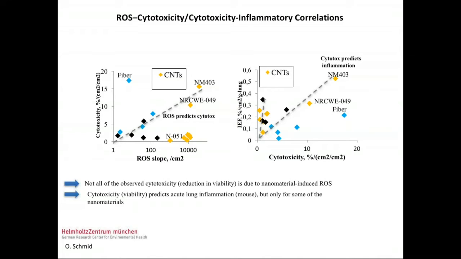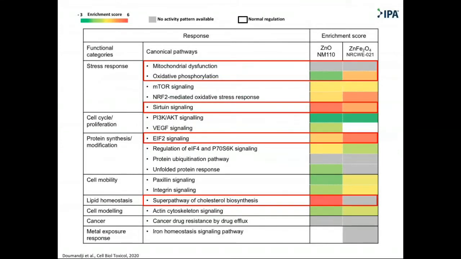And cytotoxicity could also be, for some nanomaterials, related to inflammation in vivo. This indicates that some grouping of nanomaterials can already be done. So we try to group not by cytotoxicity, but to group nanomaterials by the pathways they initiated in the cells as an answer to the exposure.